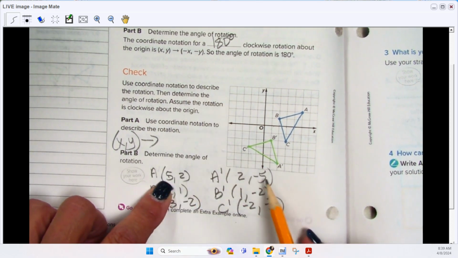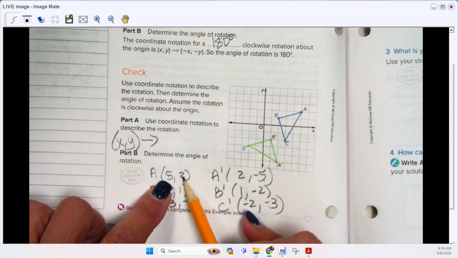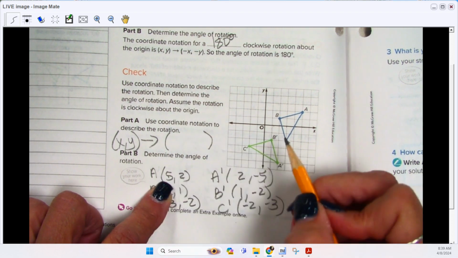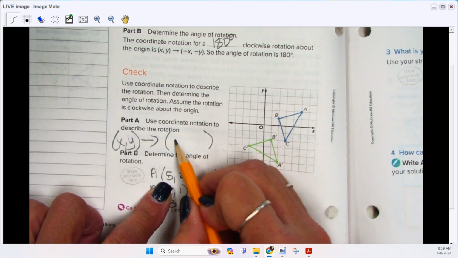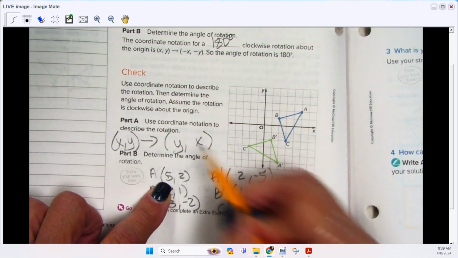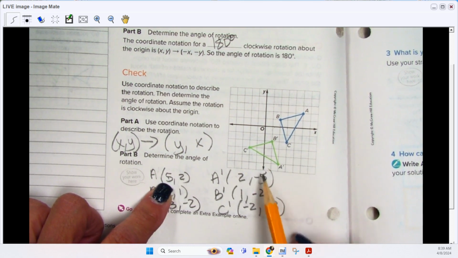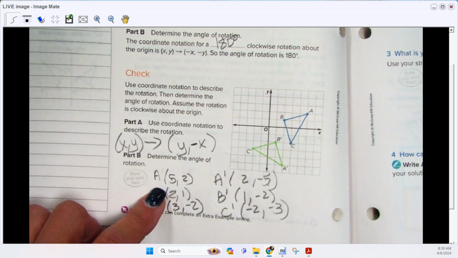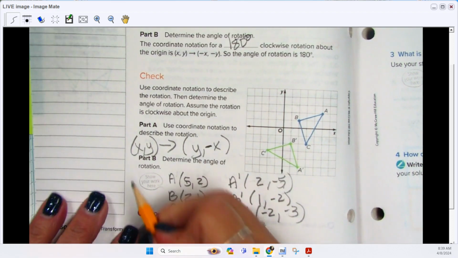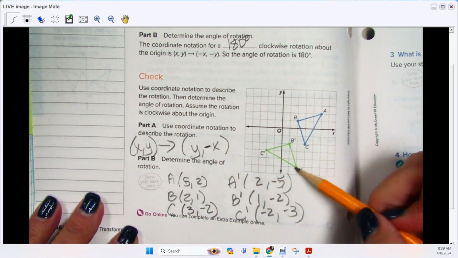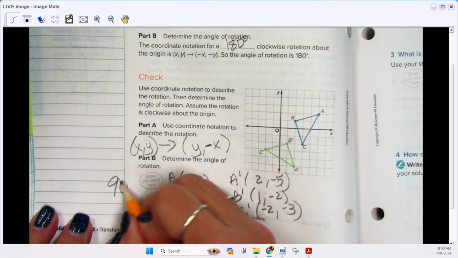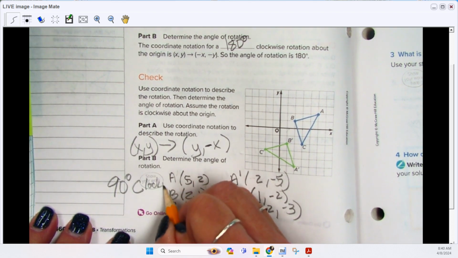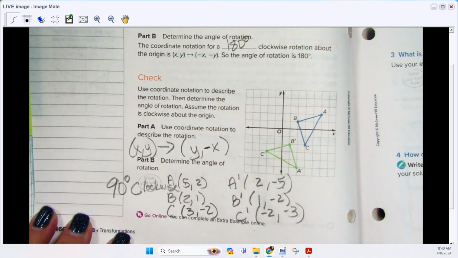The 5 is now over here, the 2 is here. So they switched, but which one took on the opposite? The new y value took on its opposite. So that means it went from here to here. That is going to be a 90 degree clockwise rotation.